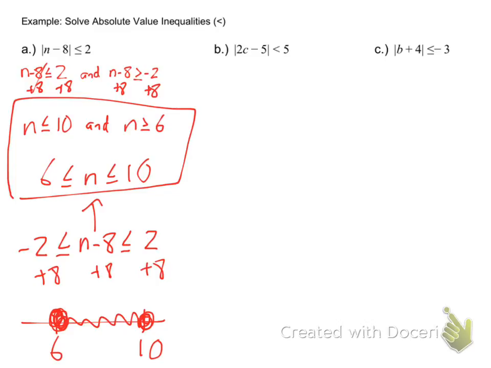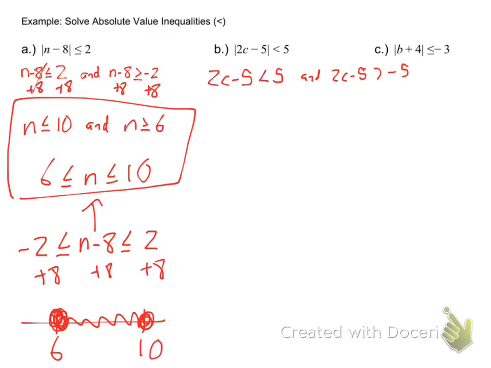Grab the value and then do the opposite. You want to do the opposite first, or you mean the second one? Okay. So, 2c minus 5 is greater than negative 5. So it's not too bad.